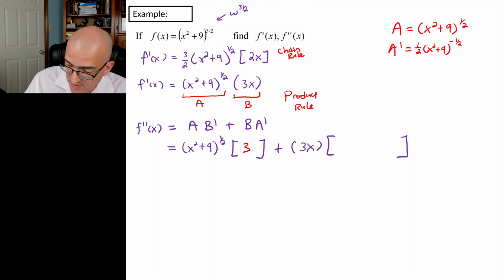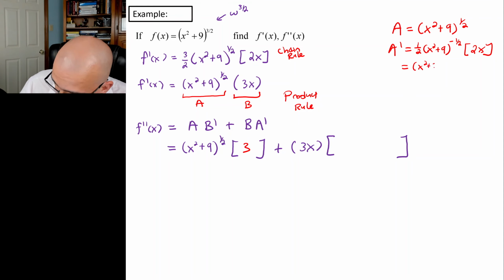Power gets reduced by 1, so subtract 1. 1/2 minus 1 is negative 1/2, times the derivative of the inside. And then we can simplify by multiplying. Well, we don't even have to, but I will. We have x squared plus 9 to the negative 1/2, and then 1/2 times 2x is just x.